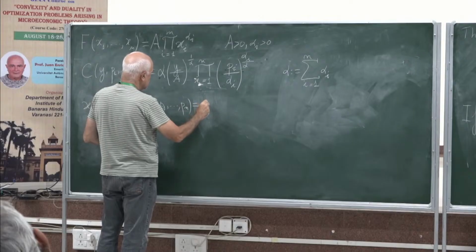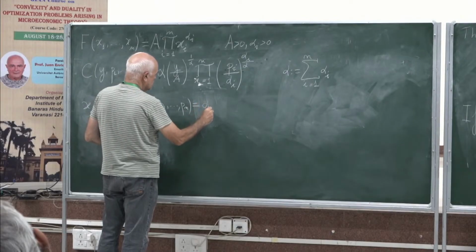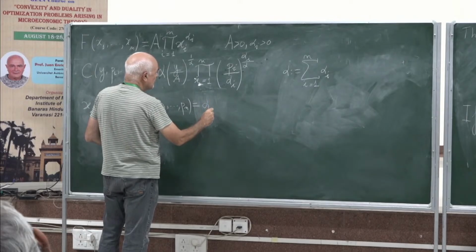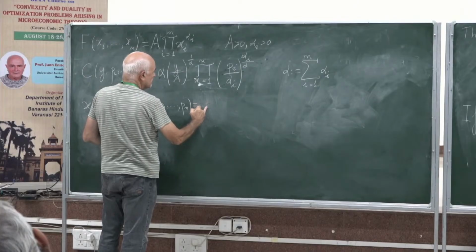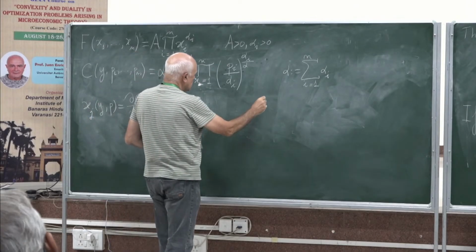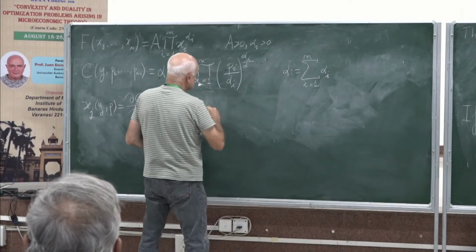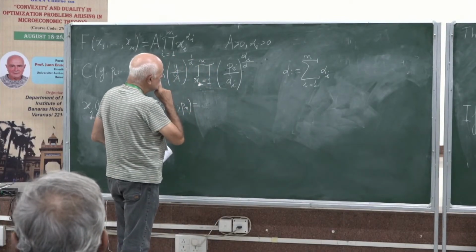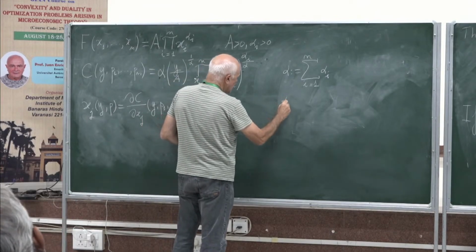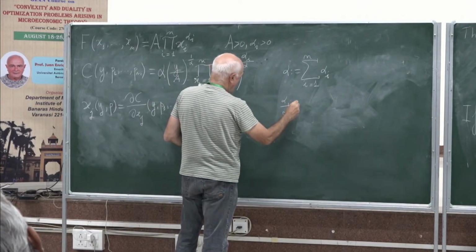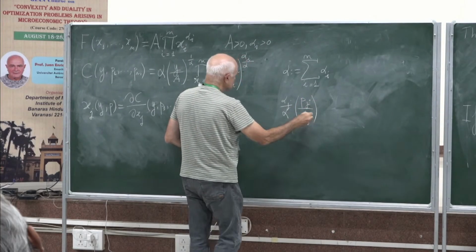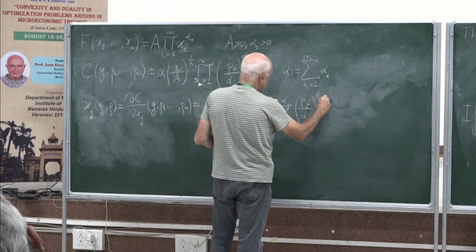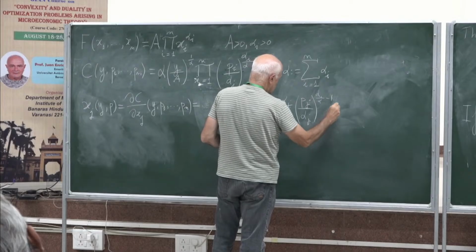Ah, but it cancels out with this one, sorry. So let me see. This alpha i, yes, it cancels out. So the derivative would be alpha j over alpha, p_j alpha j, alpha i divided by alpha, minus 1 times 1 over alpha j.